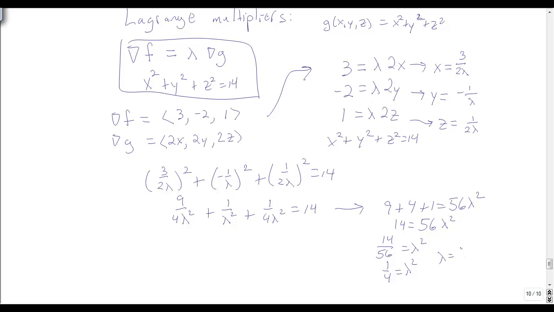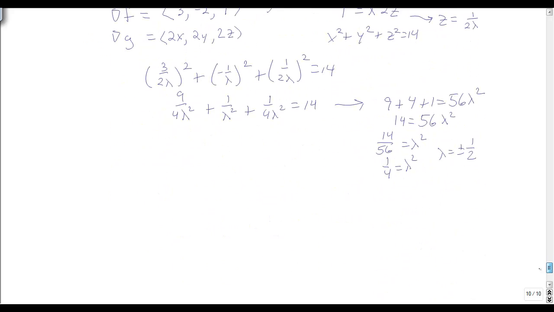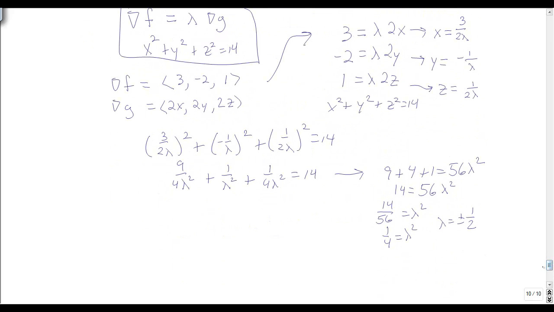So lambda is plus or minus a half. It could be lambda's positive a half or negative a half. So we really only have 2 options. If lambda equals a half, then x equals, well, lambda is a half, so the lambda and a half will cancel, so x will be 3.